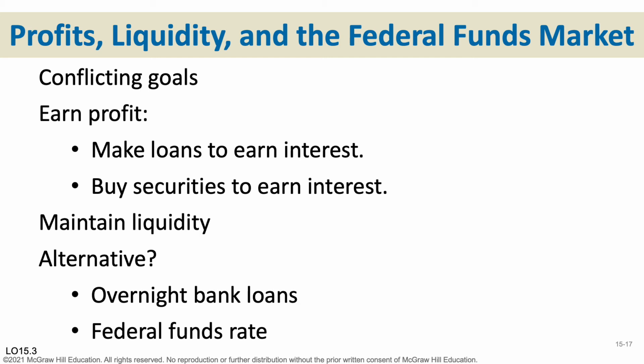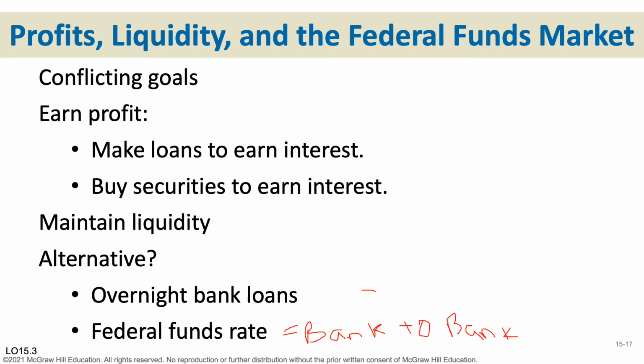If we get an overnight loan from another bank, then the interest rate we pay is the federal funds rate. That's bank to bank. If there's another bank that we have a partnership kind of agreement with, then they might loan us some of their excess reserves because we're going to pay it back with interest. So that's a way for them to make some money, even in just an overnight loan. So if we do get a loan from another bank, the interest rate will be called the federal funds rate.